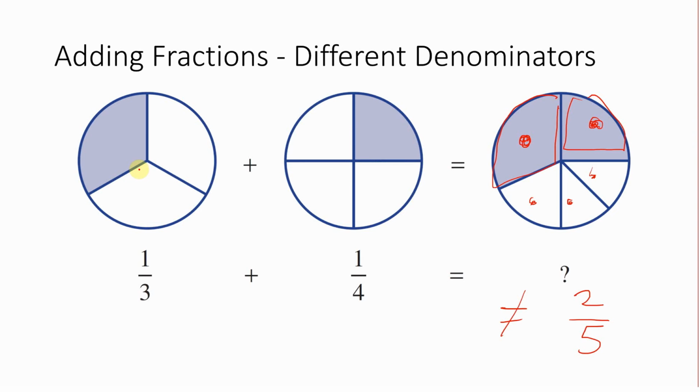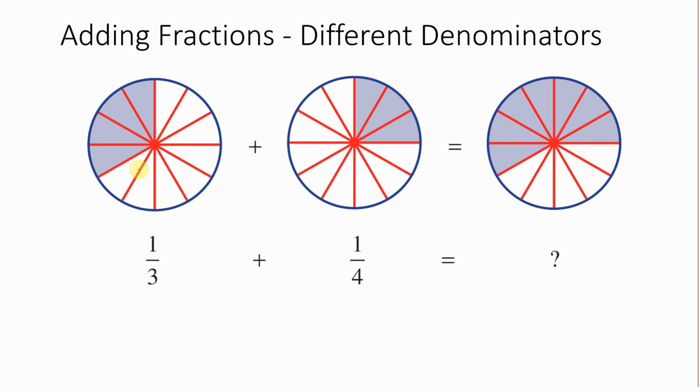So we can do that mathematically, and that's what you're going to learn now, so you can add fractions with different denominators. So have a look at this next slide. Here you have your pizza and your friend's pizza cut into an equal number of slices.